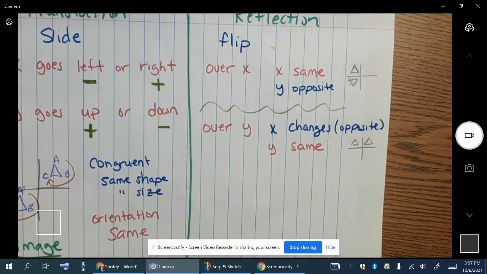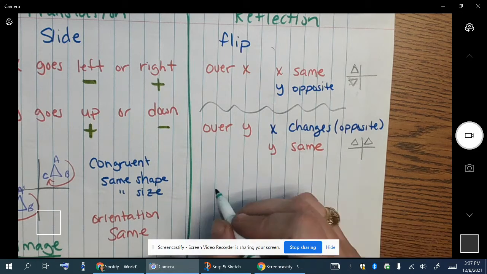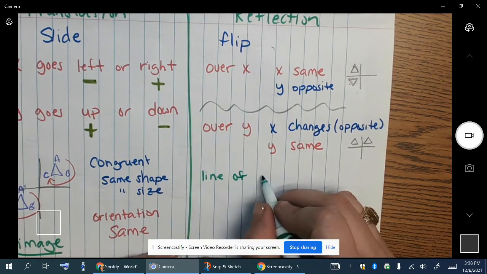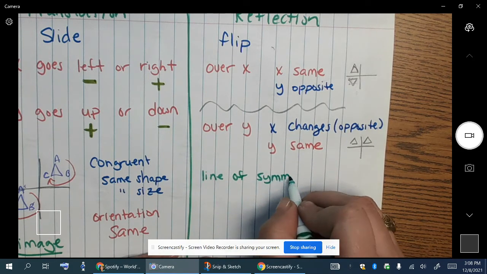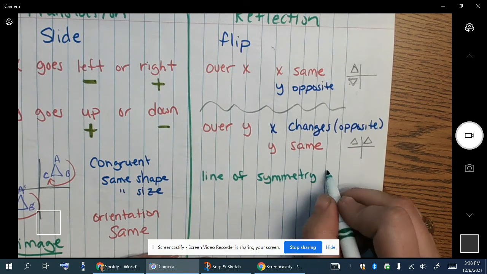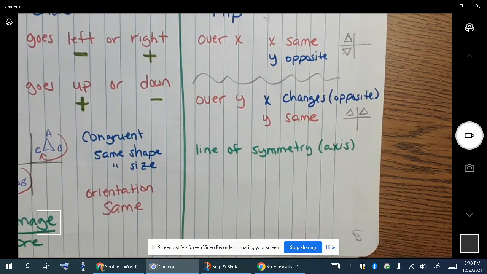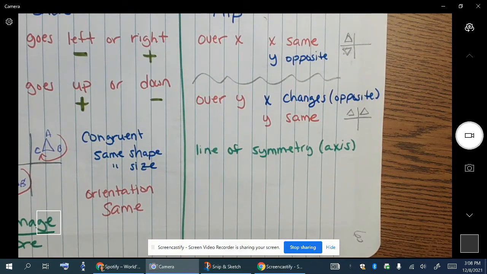So make sure you know the difference between x and y. A word that you will probably see is line of symmetry. All that means is the axis. When you see that, just know it means the axis. If it says the line of symmetry is x, that just means the axis is x. Okay?